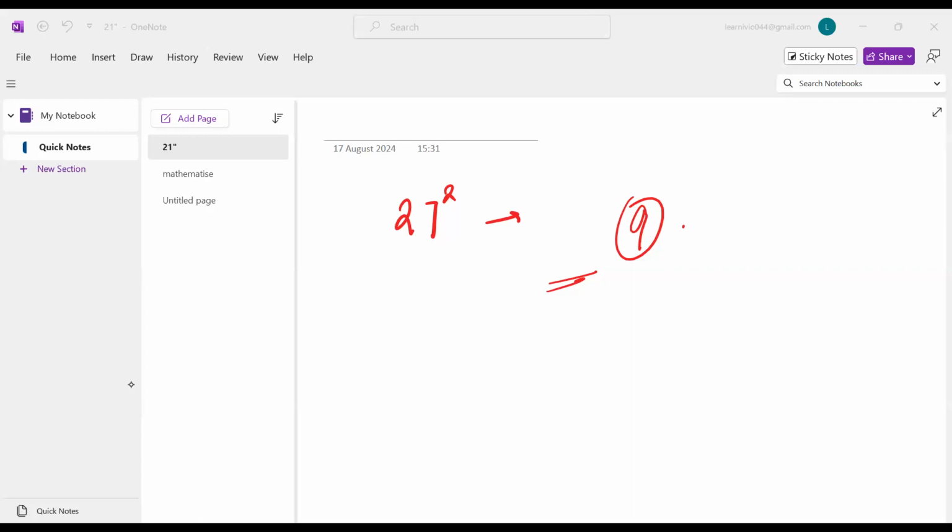Similarly, the next question, 158. What will be the last digit of 158 square? 4. Yeah, 4, because 8 square is 64. Now, is 4 an even number or an odd number? Even. So is the complete answer an even number or an odd number? Even. Yeah, very good.